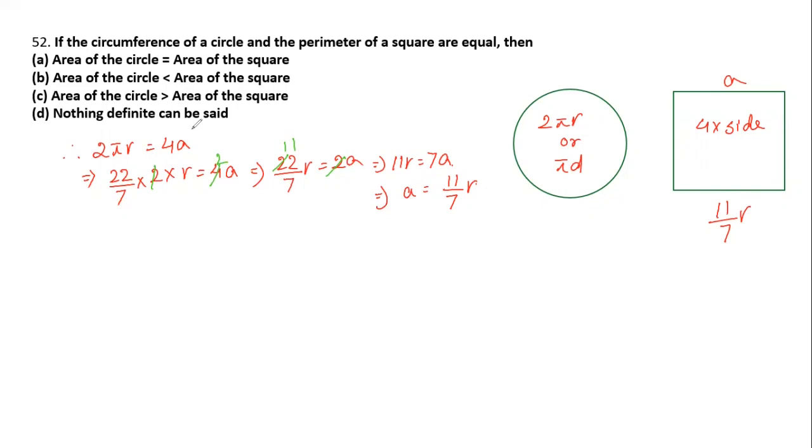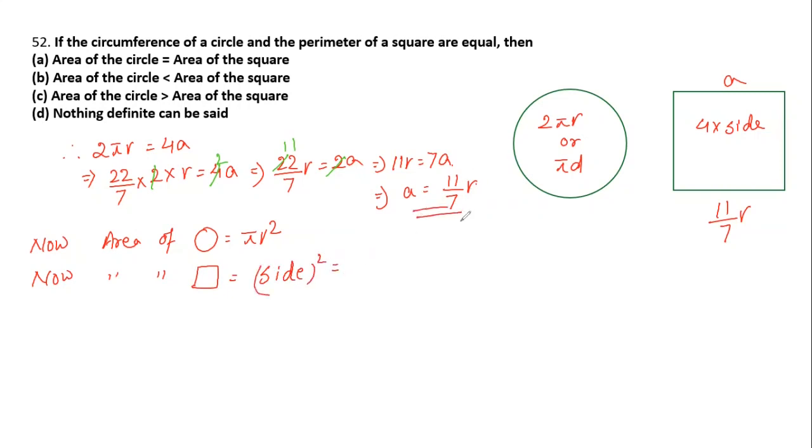So we have to find the area of both. Now area of the circle is equal to pi r square. We need to find out in terms of r. Okay, let's see, we will find out like this also. Now area of the square, side square, that means a square.